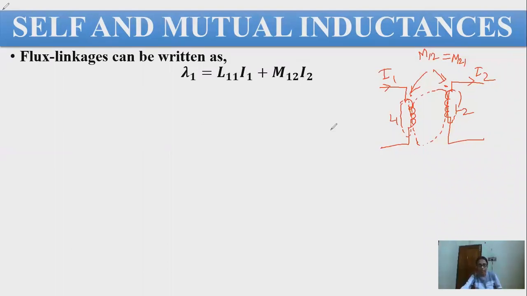The flux linkage due to the current flowing through the other conductor is mutual, M12 I2. In the same way, if we consider conductor 2, the total flux linkage lambda 2 can be written as M21 I1, due to the current flowing through conductor 1, plus L22 I2, due to the current flowing through this conductor.